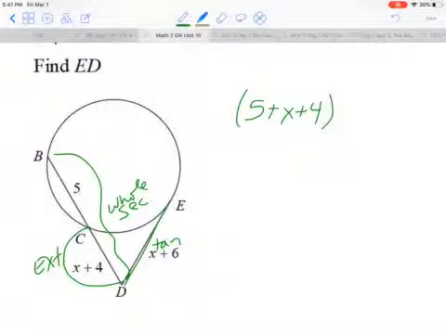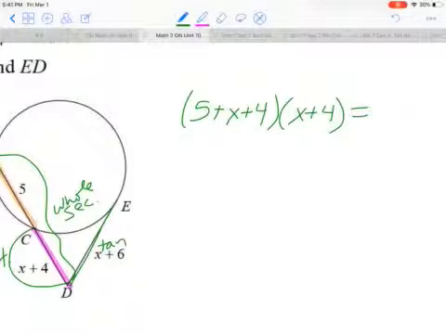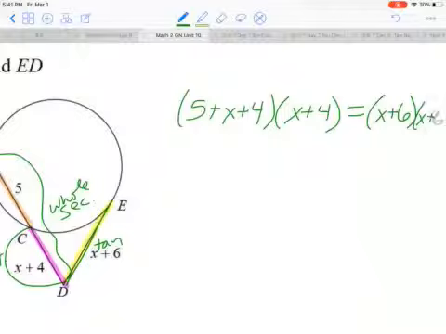So again, that's this piece plus this piece is the whole thing, times just the outside part, external. And then we have a tangent, so you're just going to times it by itself. So that means x plus 6. And instead of putting squared, I'm going to put just another parentheses. It's a little easier with these. So this is x plus 9 when you simplify that.